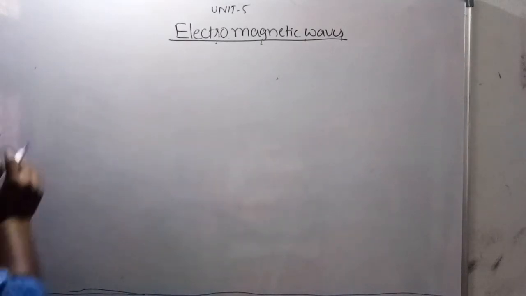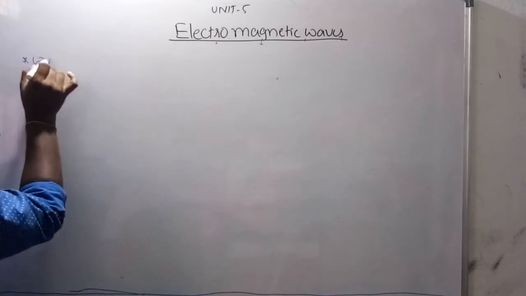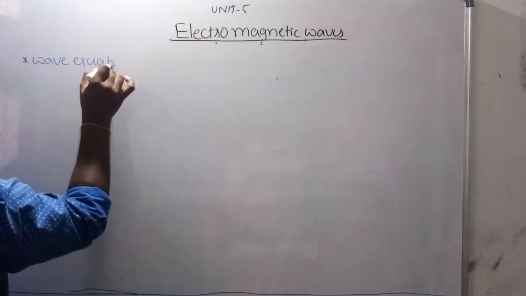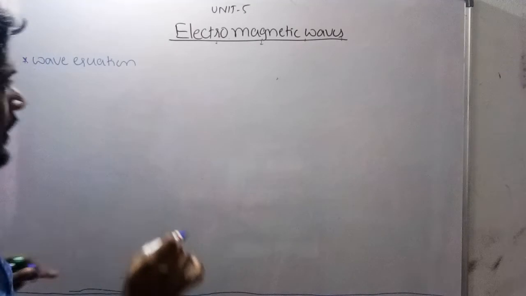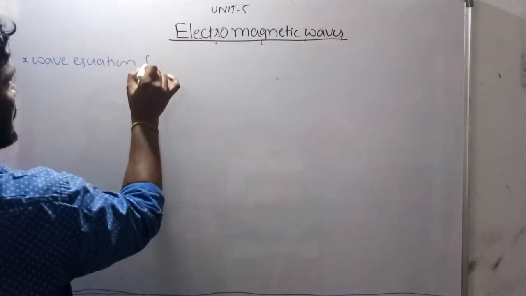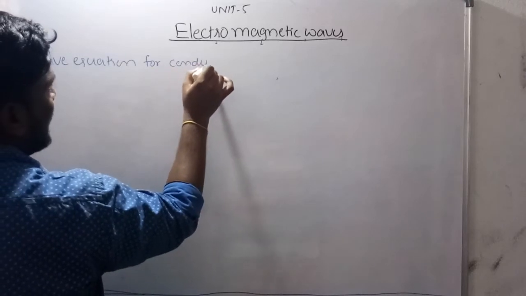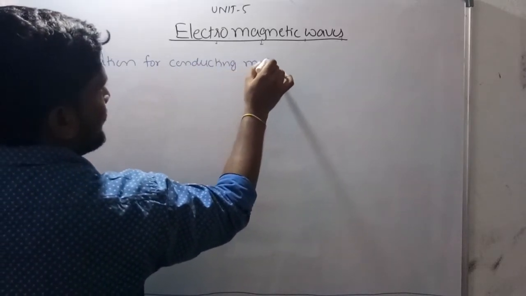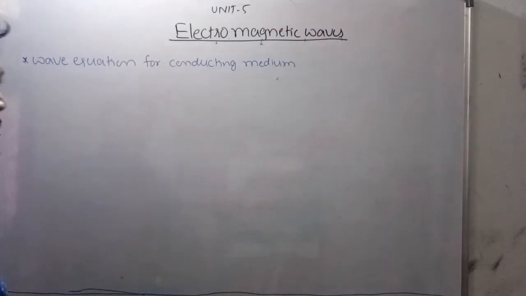The first topic in this unit is the wave equation. This is the order of topics I am going to cover: wave equation for conducting medium.